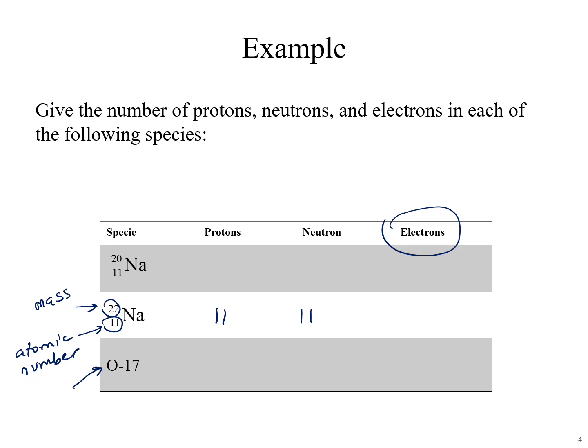When you have the same total number of positive and the same total number of negative charges, you're going to get 0. So if you have 11 protons, which is 11 positive charges for sodium, to get sodium as a neutral atom, you need to have also 11 electrons. So when you have neutral atoms, the number of protons and the number of electrons is exactly the same.